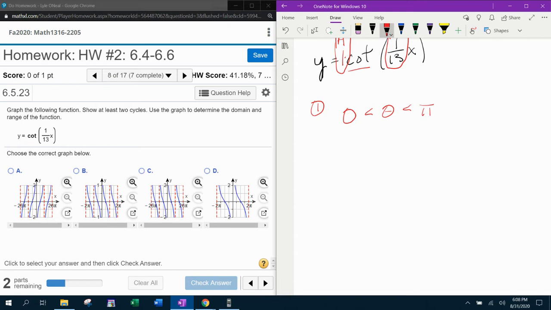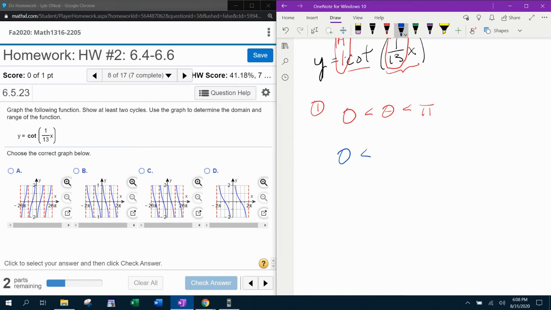That means your graph is going to exist between 0 and pi for any theta that fits the angle that you're given here. So the 0 and pi will be 2 consecutive asymptotes depending on what theta is. And so our theta is 1/13 x.